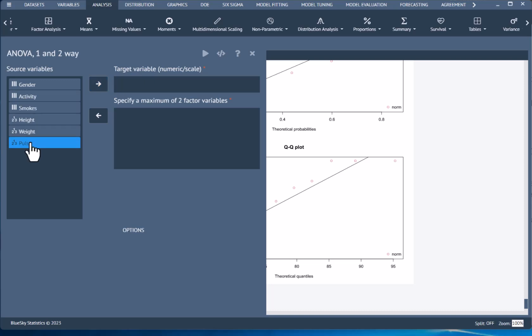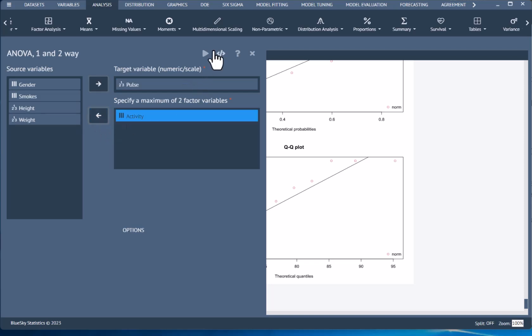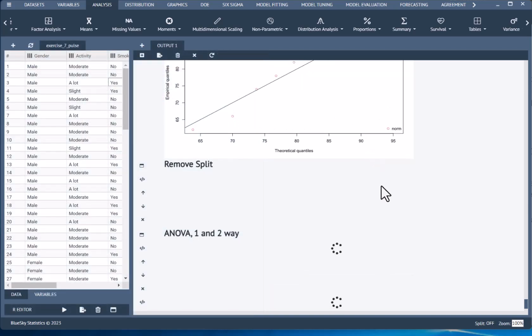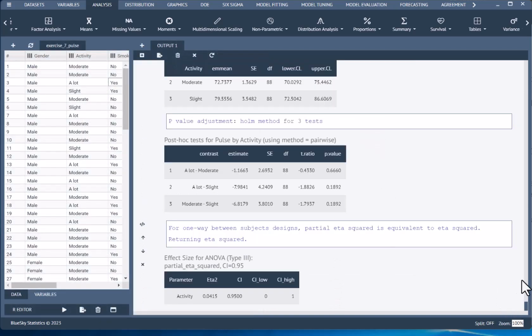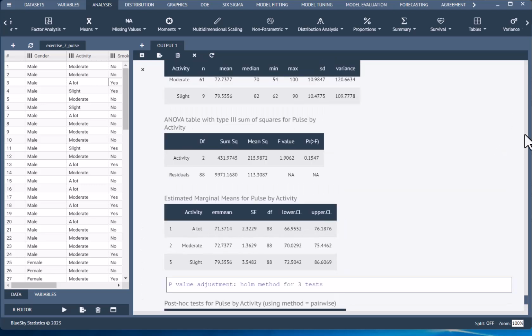We want to analyze pulse, and we want to examine pulse for different activity levels. So we click Execute Dialog, and BlueSky will do an analysis of variance.